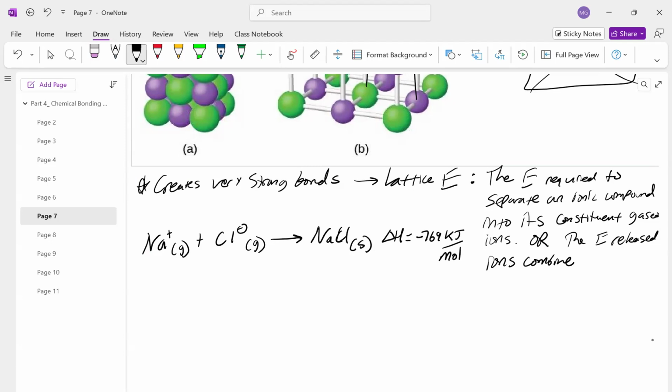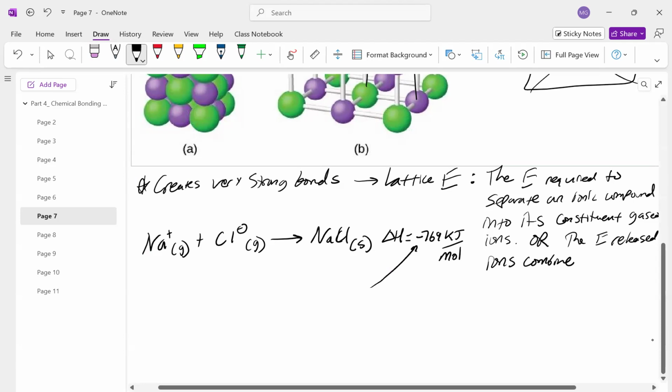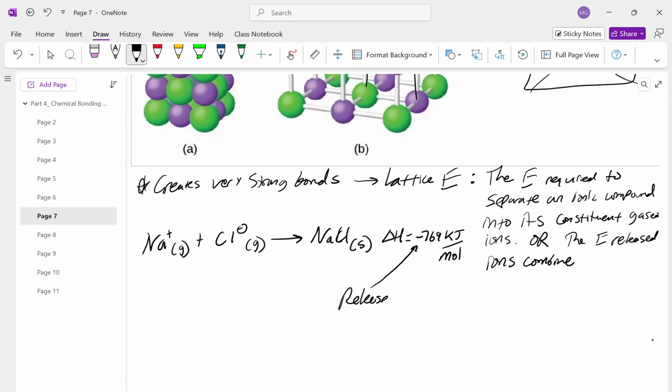I'll talk about what kilojoules and moles are later. I just want you to focus on that number, but not just the number, the sign as well. A negative energy is not a bad thing. That means it releases energy, which makes the compound more stable.